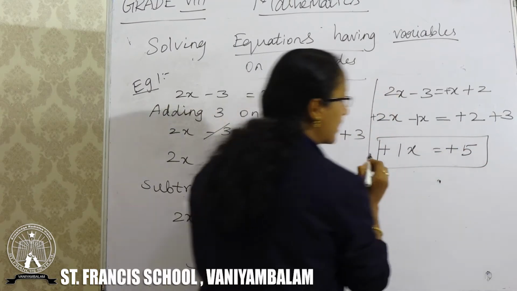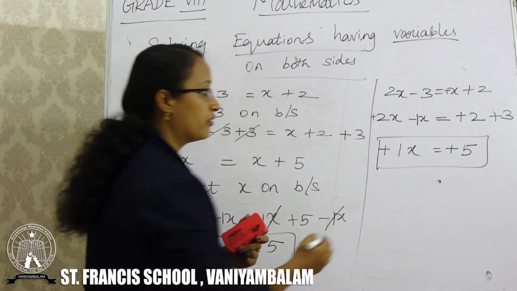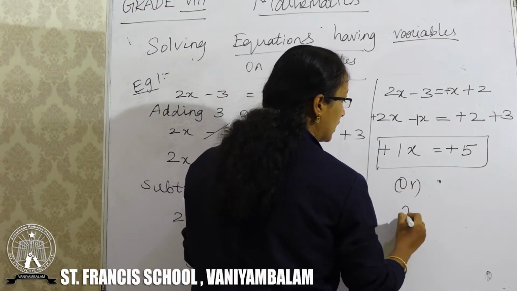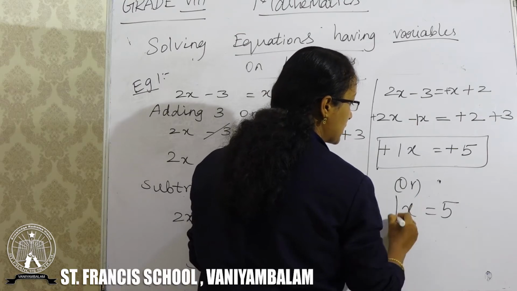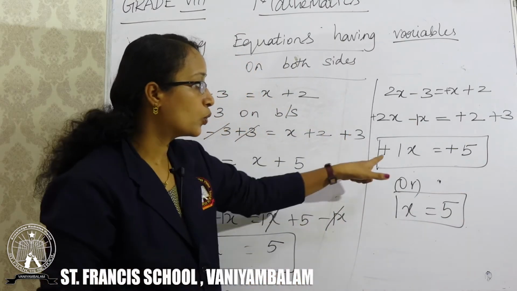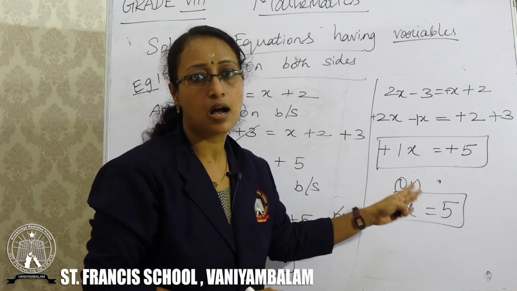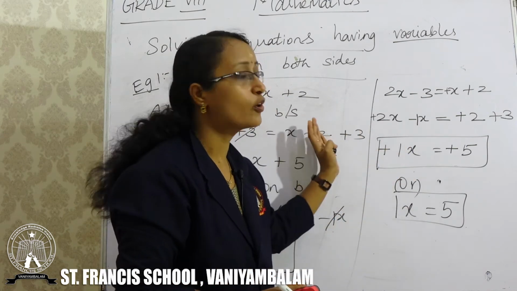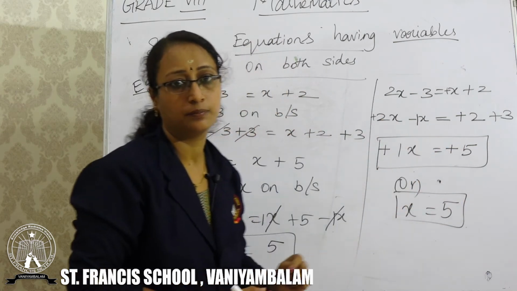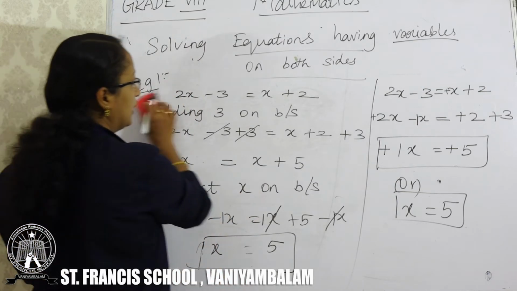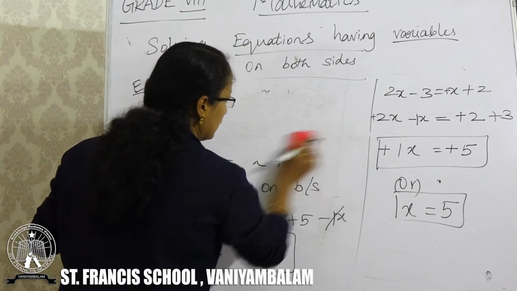So plus 1x is equal to plus 5, that is nothing but x is equal to 5. No need to write the positive symbol and the coefficient. This is how you will solve the problem if you have expressions on both sides. Second example, I'll give you 2 more examples.